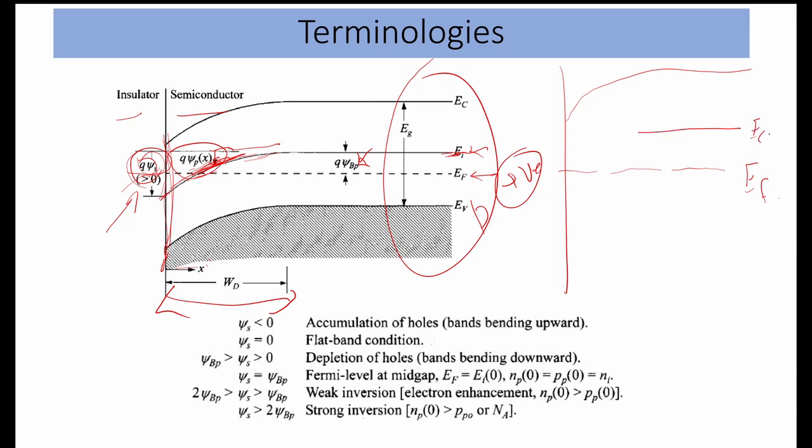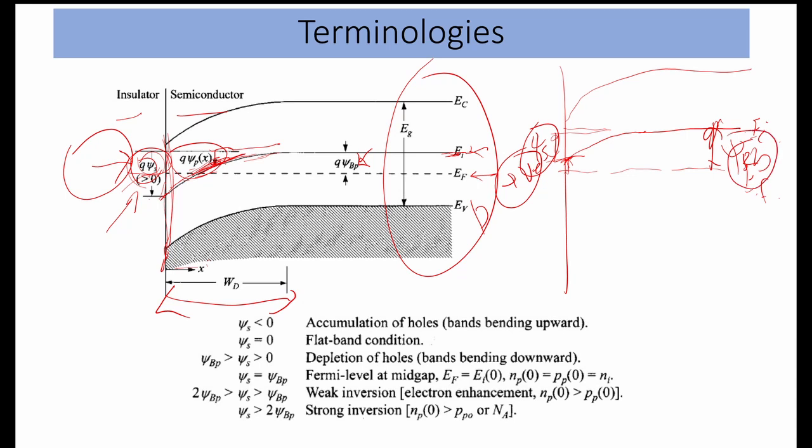This gap is q psi s, the potential, or psi s is the voltage that we have applied, approximately. So this Ei at the interface is above the Fermi level, and this is psi bp.